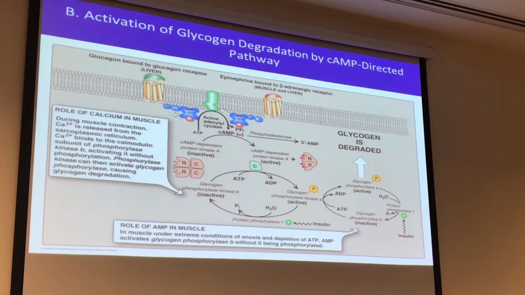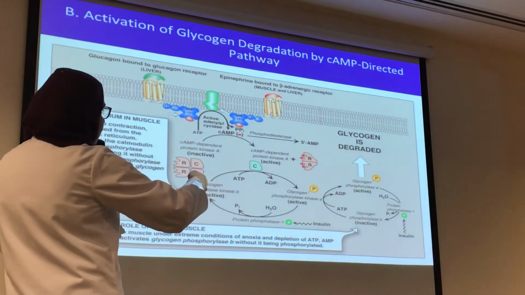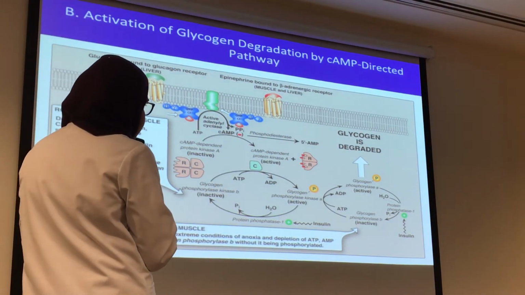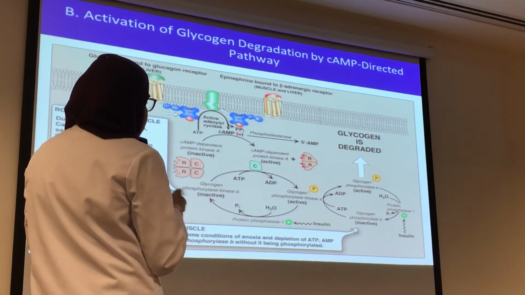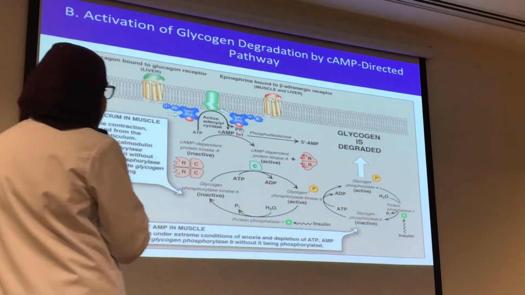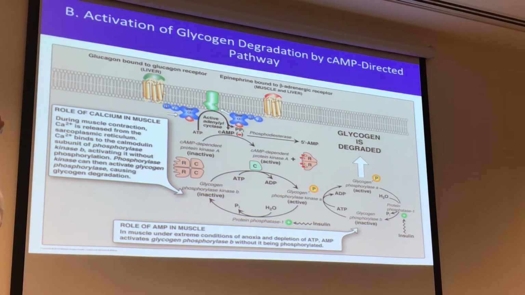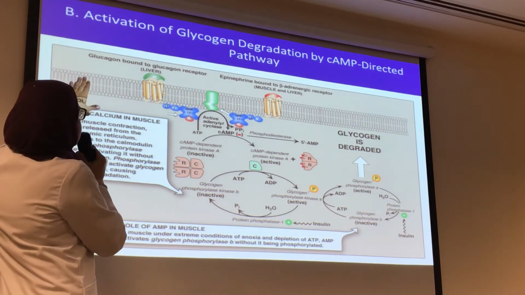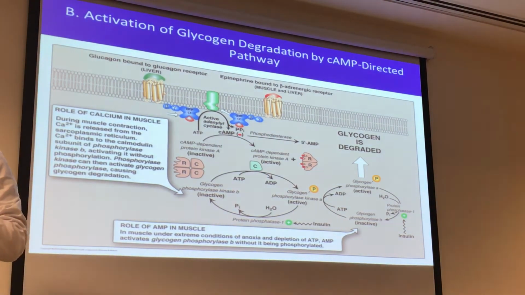Okay, so adrenaline will bind to its beta adrenergic receptor in the muscle and it's going to trigger the activation of the phosphorylase in order to break glycogen. Okay, so this is what happens and how this degradation is directed. Clear?